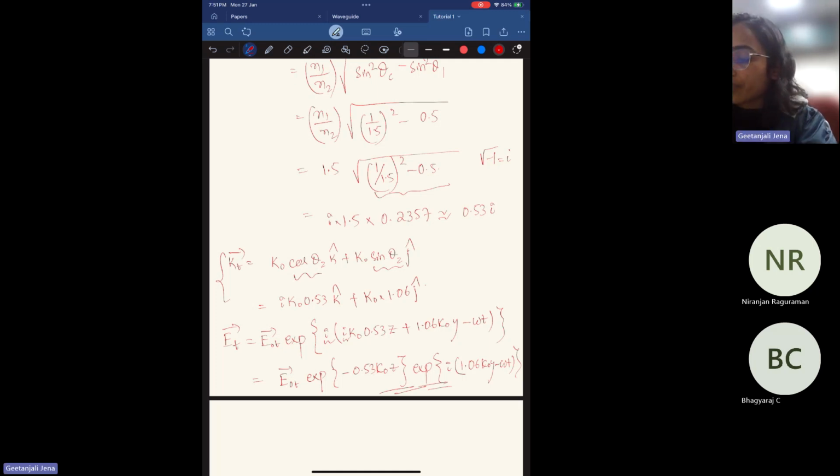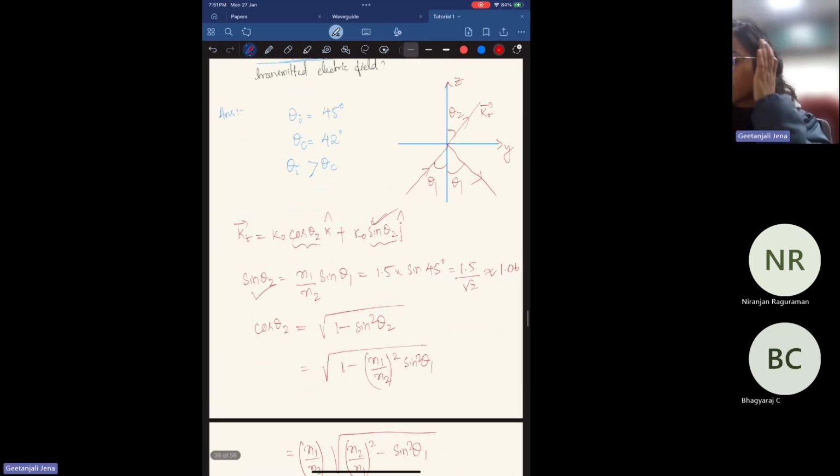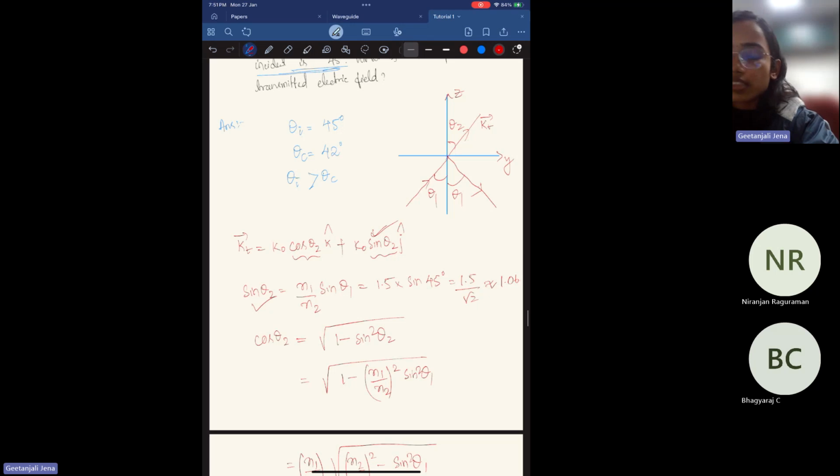Okay. So is this problem clear to you? It's a bit tricky one because we have to look whether there is a total internal reflection or not. In other cases, it's fine to just find the expression for KT and plug it in the general expression.